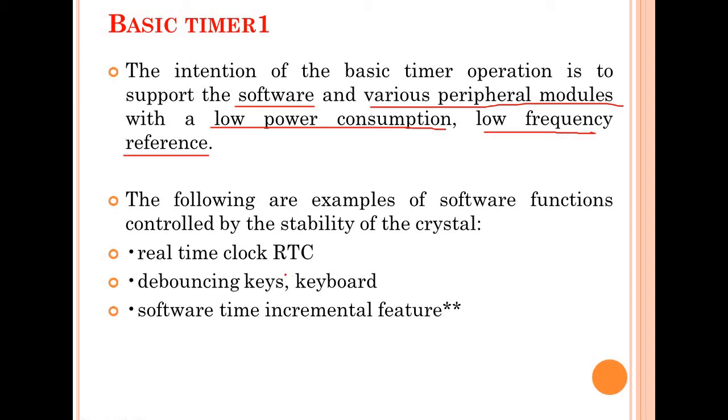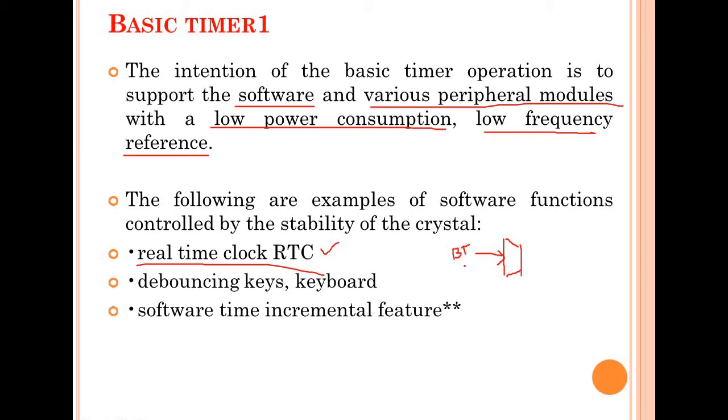The first one is the real-time clock, RTC. As you observe, among the clock sources given to the real-time clock, one of the clock sources is basic timer 1. That is, the output of the basic timer is given as an input to the counter present in the RTC.